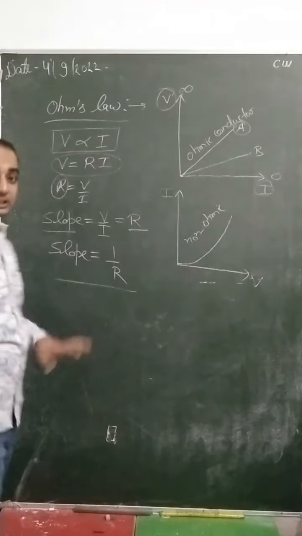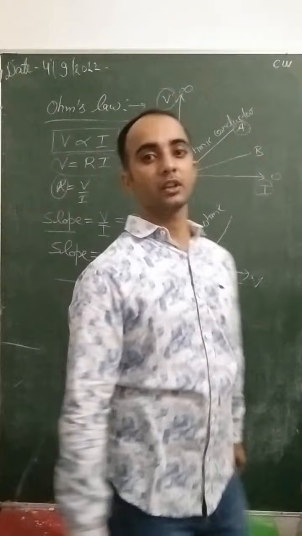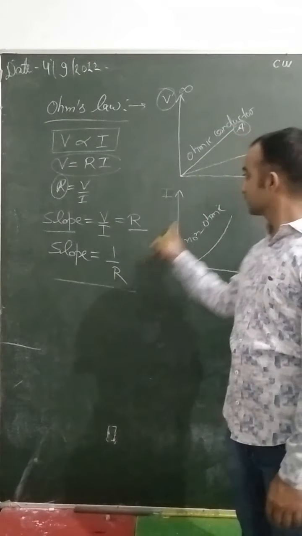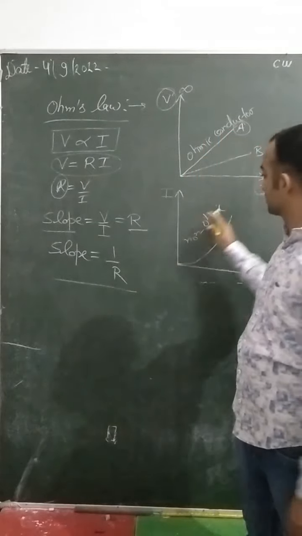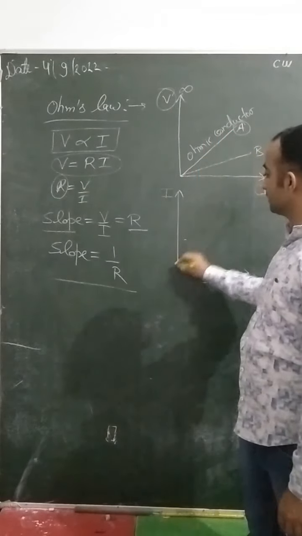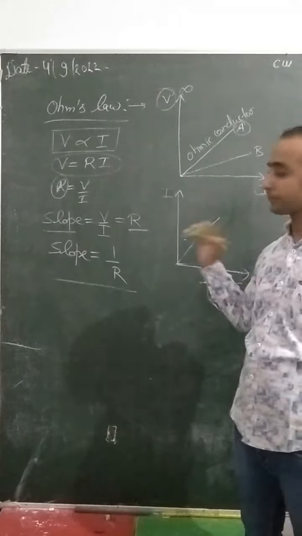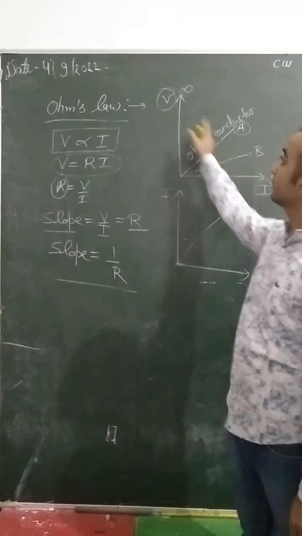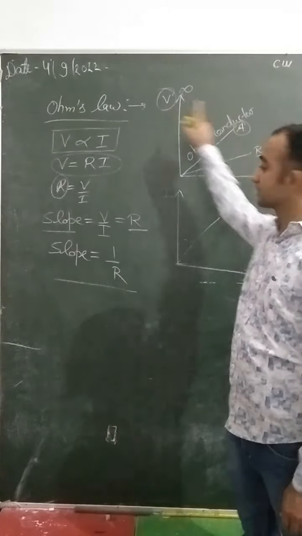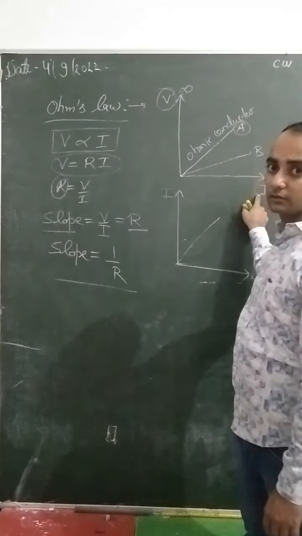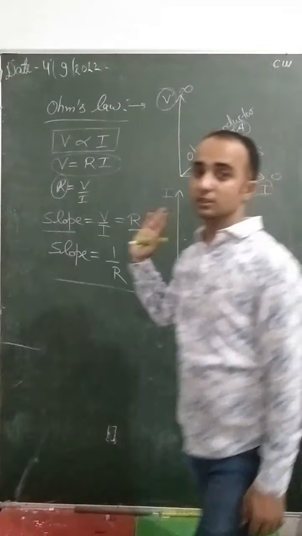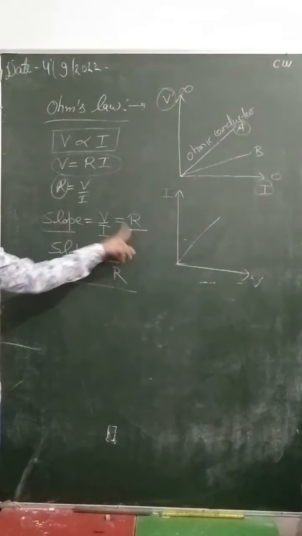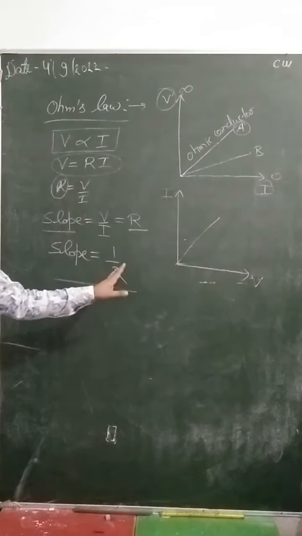So slope is inversely proportional to resistance for this type of graph. The graph will be a straight line, but only the indices will change. In this graph, the y-axis is potential difference and the x-axis is current. So this is the difference for the graph. Slope can be directly proportional to R, or slope can be inversely proportional to R.